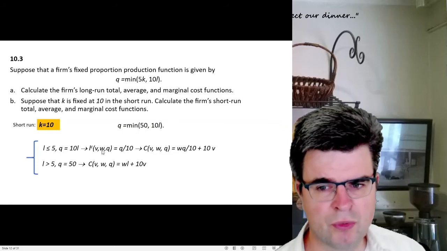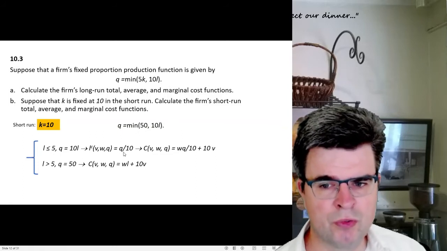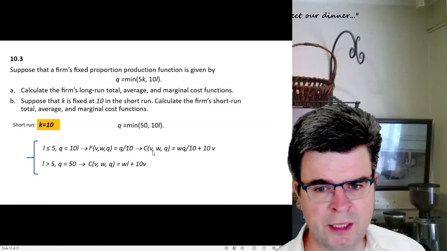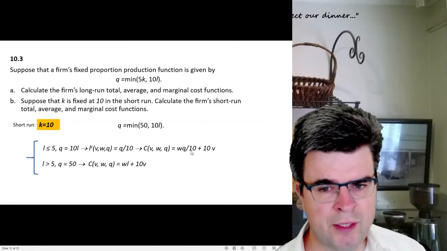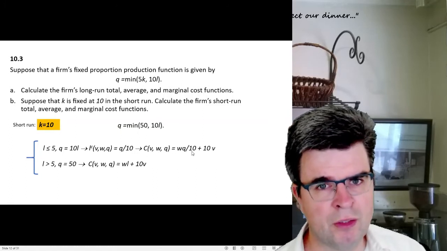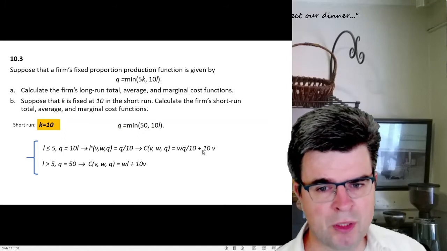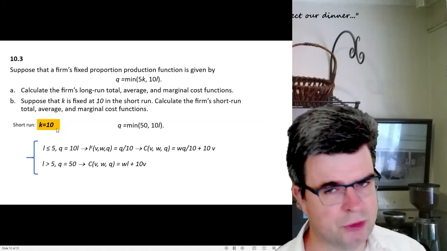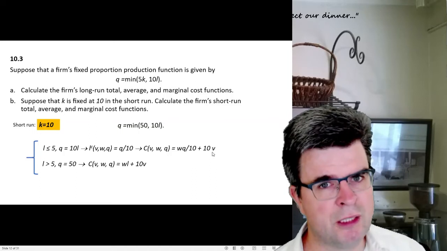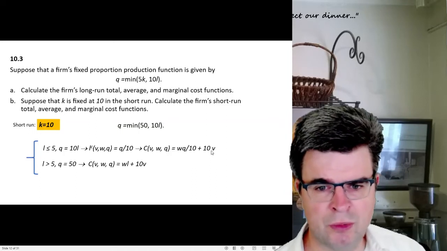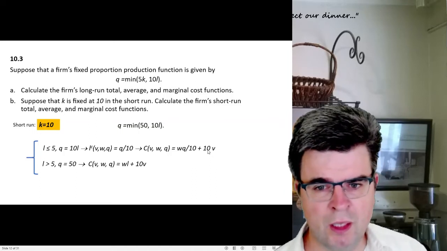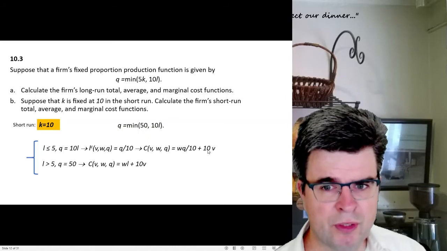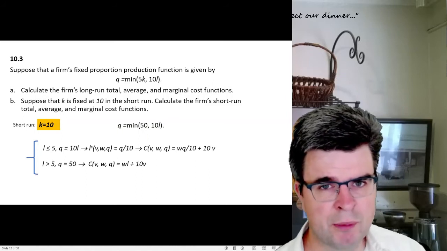The contingent demand for labor is Q over 10, and the total cost is equal to the wage rate times the number of units of labor that we use, plus the number of units of capital, which is fixed at 10, times the cost of capital, which equals V. In the other situation, we have more than 5 units of labor in place.